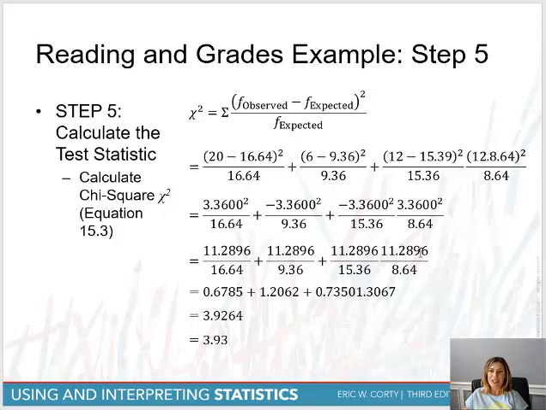Squared is 11.2896. Divided by 8.64 is, I think, 1.3067. I don't know why the pluses are not in there. Anyway, so now we have cell A, B, C, and D. You add those all up, and you get a chi-square of 3.9264. You round to 3.93.